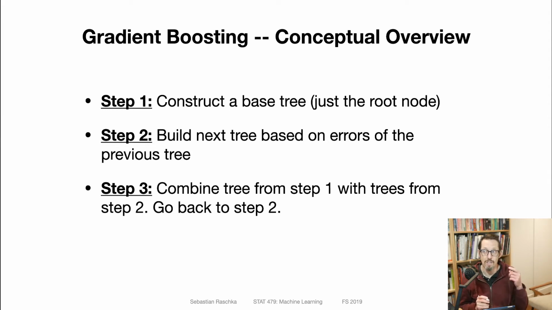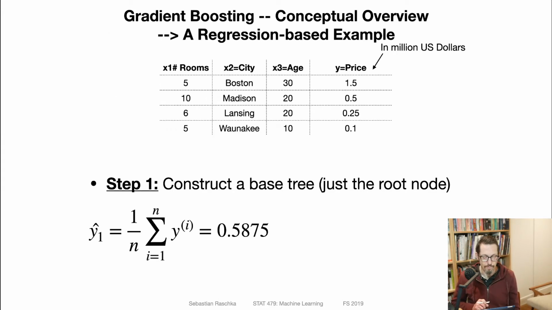So what the second tree is going to try to do is not predict the problem. It's trying to predict the errors of the first tree. We're not predicting the problem with the second classifier. We're predicting the errors of the first classifier. Got it? And we keep on keeping on that way.